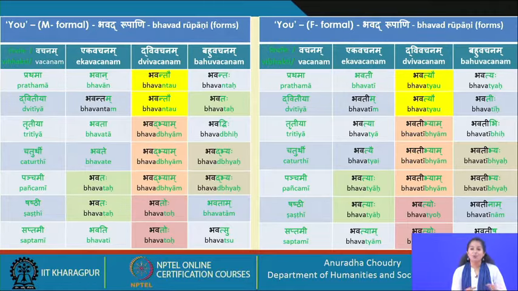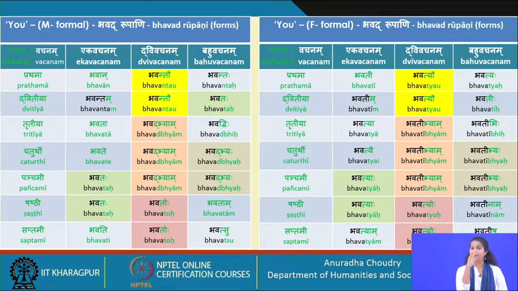So, now going into the dual case, I'll just show you the dual case because this is a word ending differently than the ones that we've been looking at. But as you can recognize, there are certain things that are similar here. Bhavan becomes Bhavantau, Bhavadbhyam, Bhavatoho. Astu? And the plural?